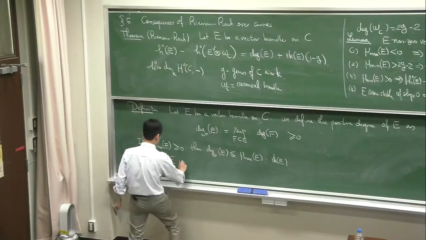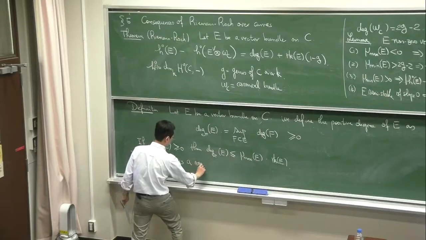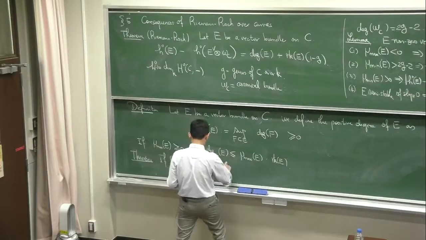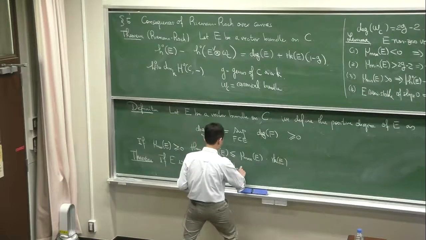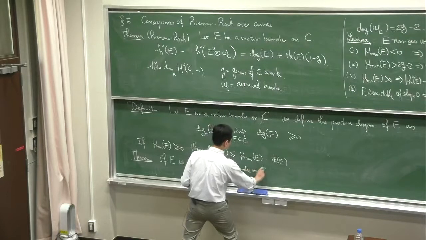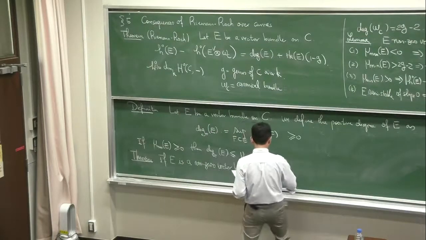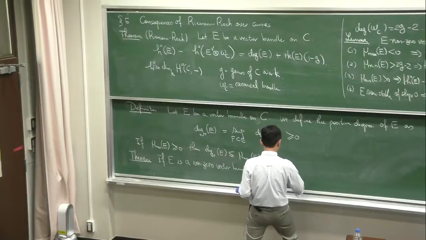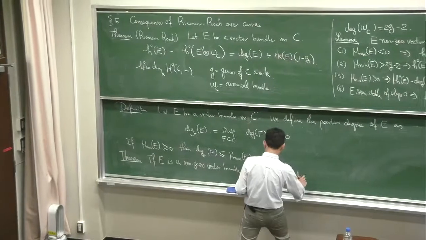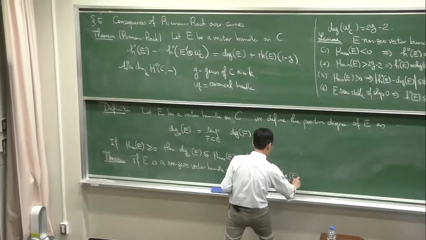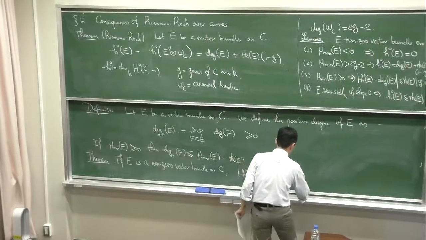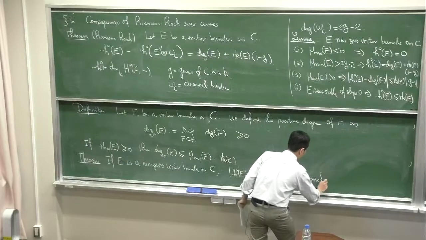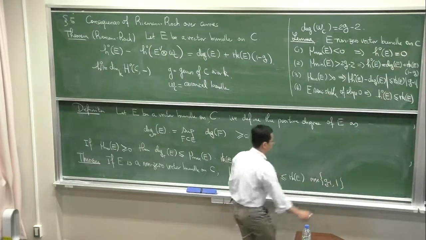If E is a non-zero vector bundle on C, you will have the following comparison. H0 of E minus the degree plus of E is bounded from above by the rank of E times the max of g minus 1 and 1.